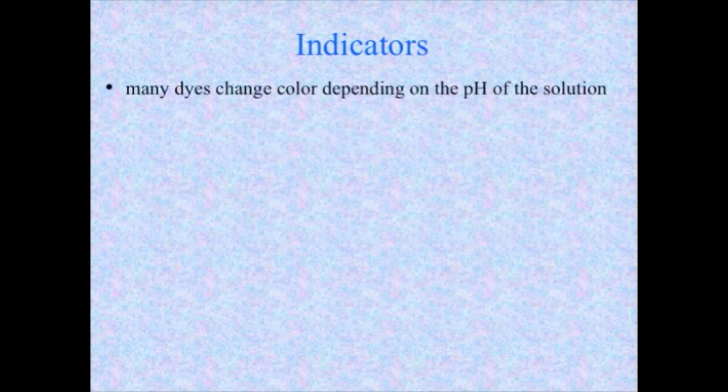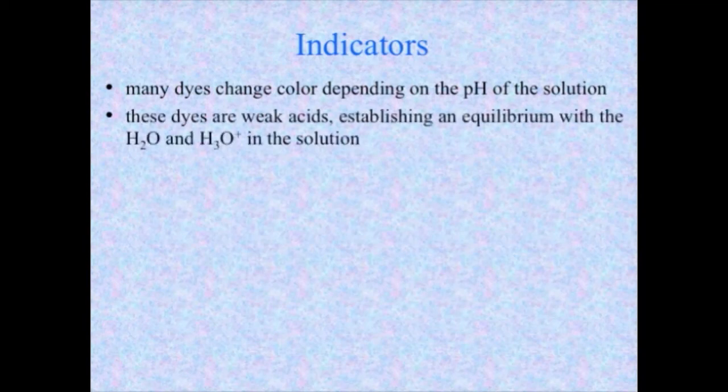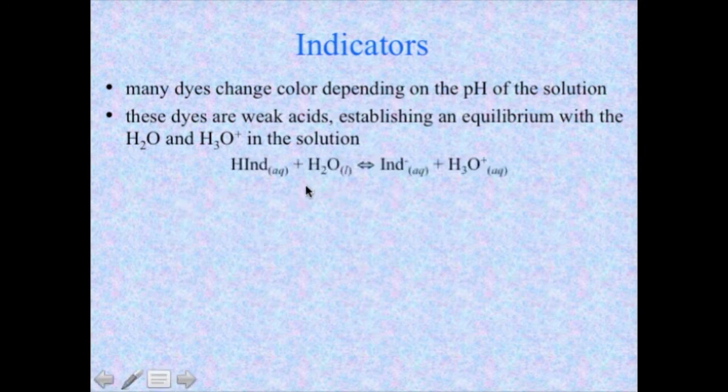Many dyes change color depending on the pH of the solution, and these dyes are weak acids, establishing an equilibrium with water and the hydronium ion in the solution. So here's our equilibrium expression for the indicator in the weak acid form, and then the indicator in the conjugate base form.